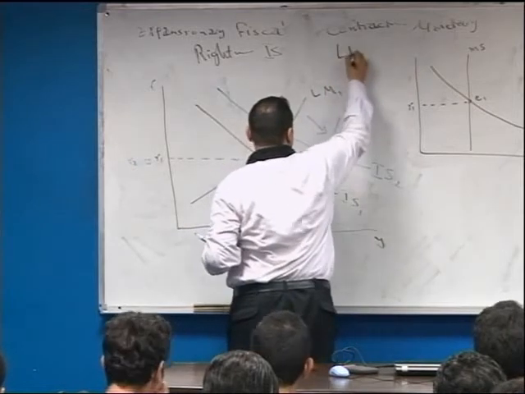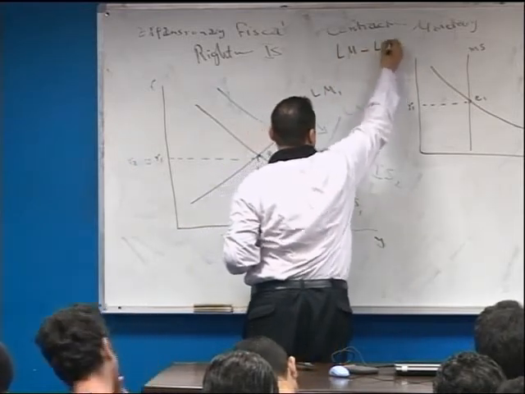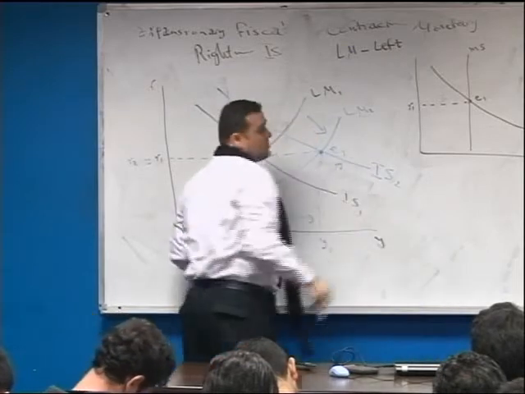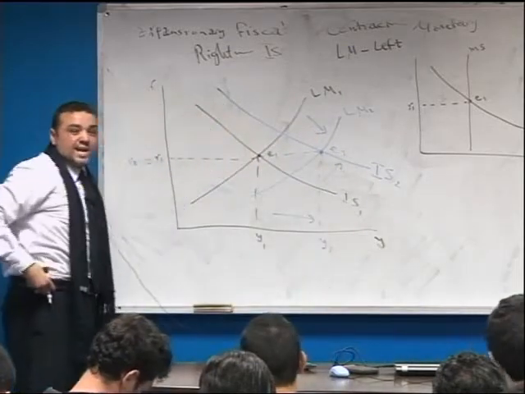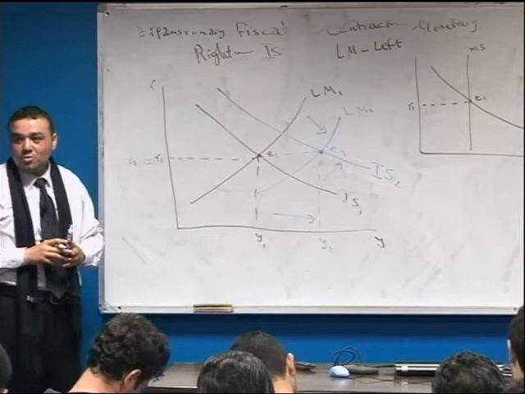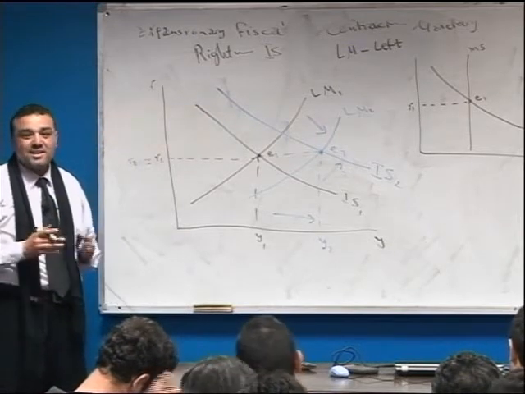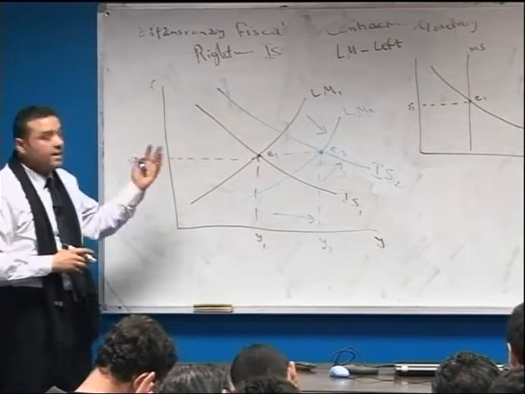So LM will shift to the left. هنا الواي حتكون ambiguous وتعتمد على اي الاثرين اكبر، لكن الار شو اللي حيصير فيها؟ خلينا نحلل.